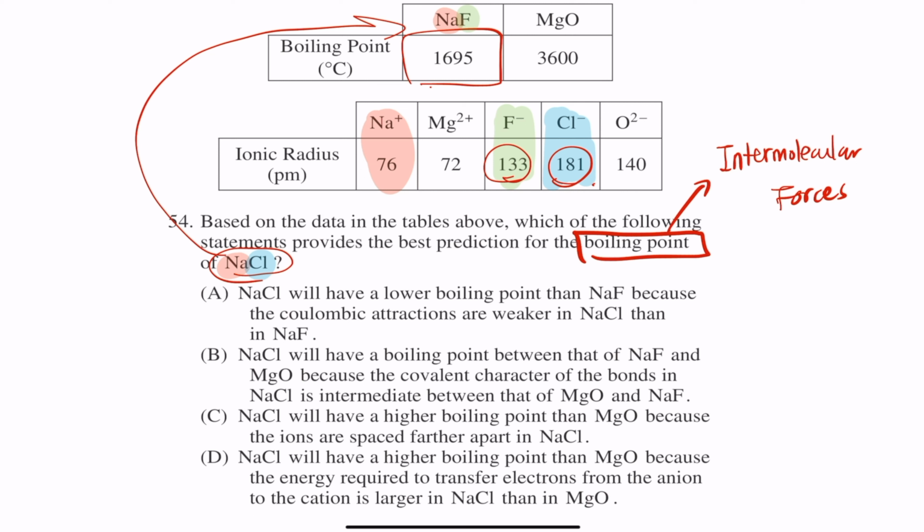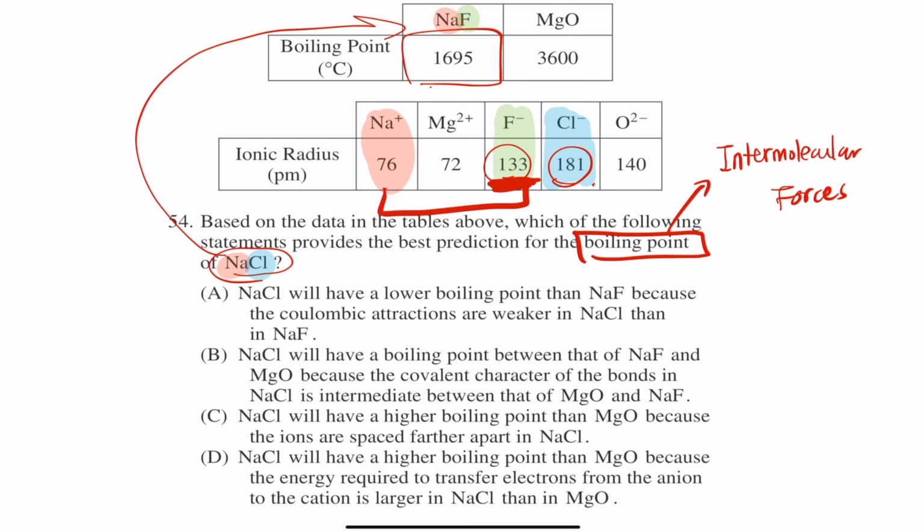The only difference is the ionic radius. Well, think of it this way. Would the attraction be stronger if they are closer or farther apart? Definitely when they're closer, right? So probably it is going to be the case that the one with smaller ionic radius is going to be more closely attracted to that sodium ion, sodium cation.